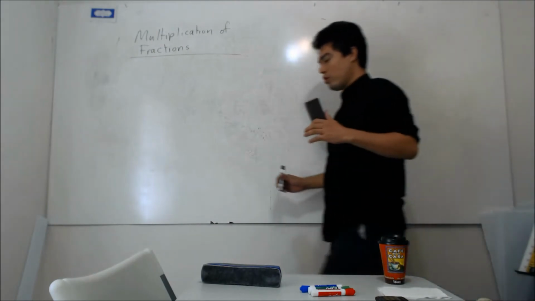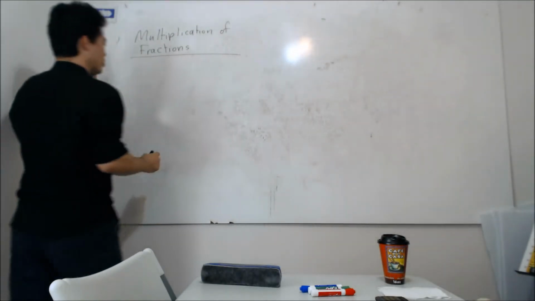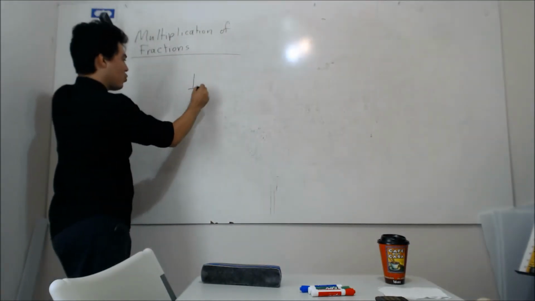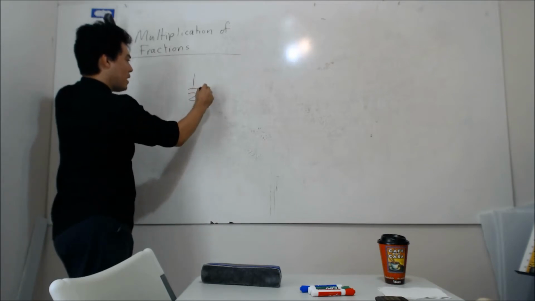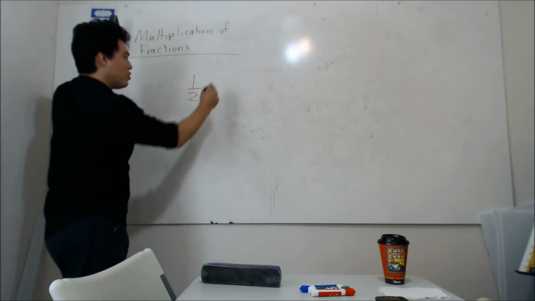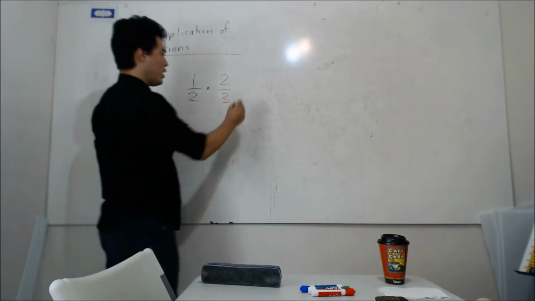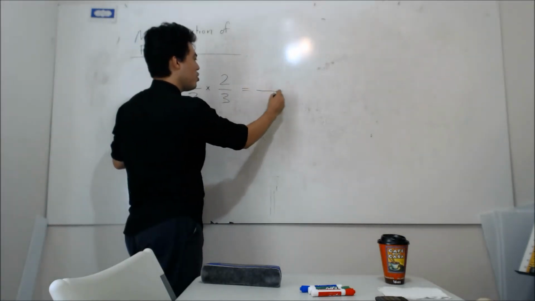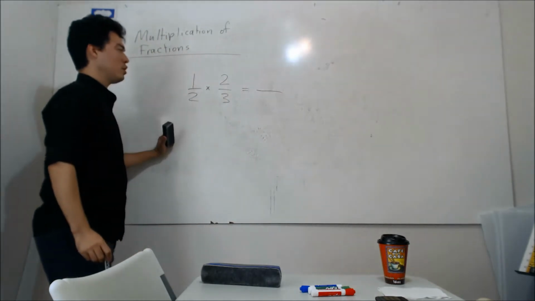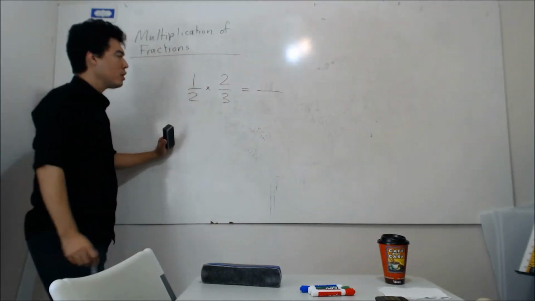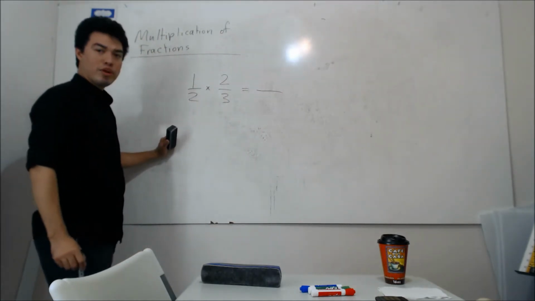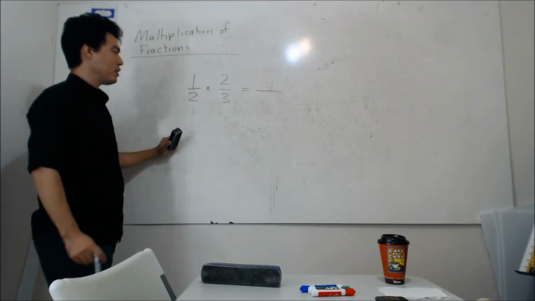Check this out. I'm going to do an example first, and then I'm going to explain in words what I'm doing. I have the fraction 1/2, and I'm going to multiply it by 2/3, okay? To get the product, the numerator of the product, which is the number on top, will be the product of the numerators of the 2 fractions we multiplied.